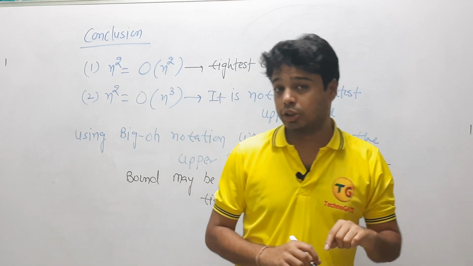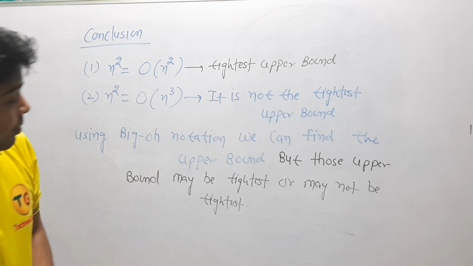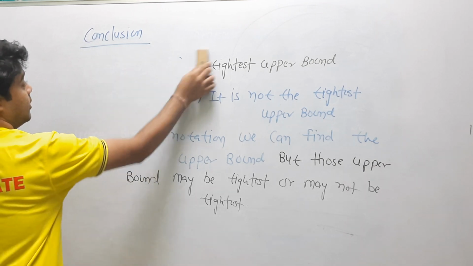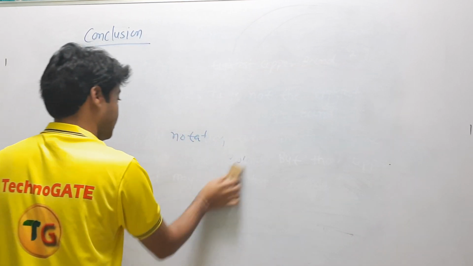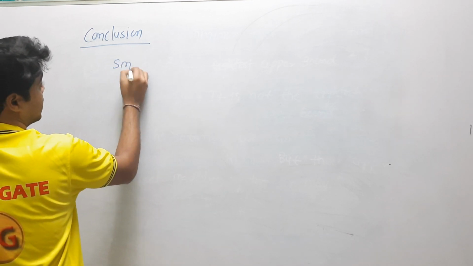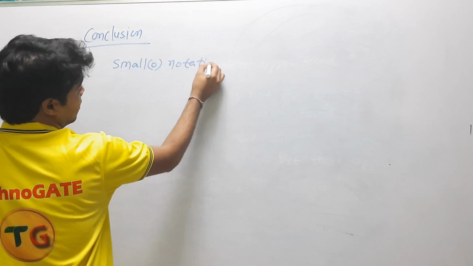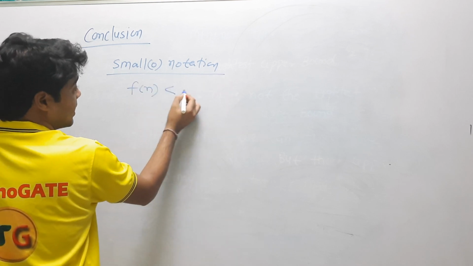We are using the small O notation. So next is the small O notation. In small O notation, Fn is less than C dot Gn.